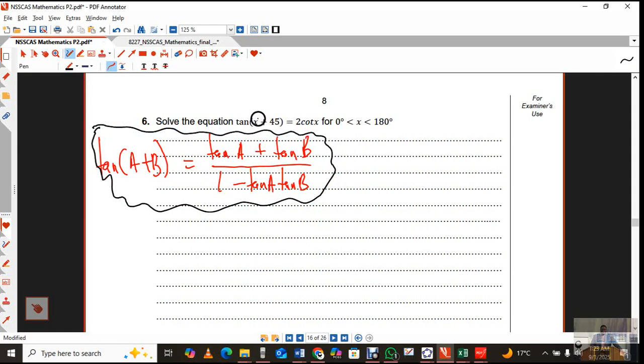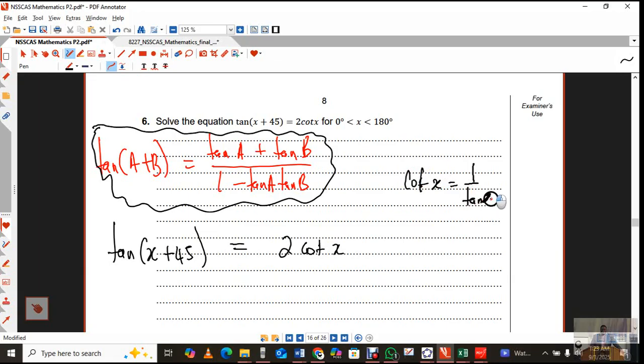But what we have over here, we have tan of x plus 45, and they're saying this should equal 2 cot of x. Now cot x is the same as 1 over tan x.